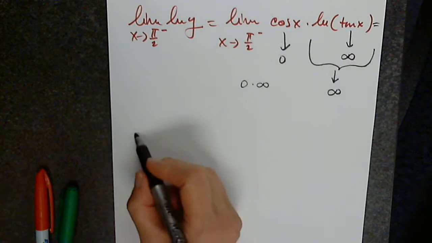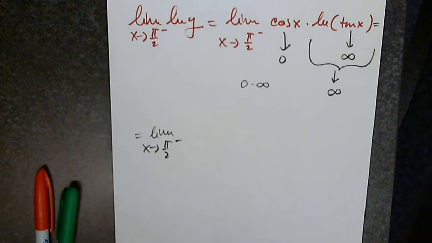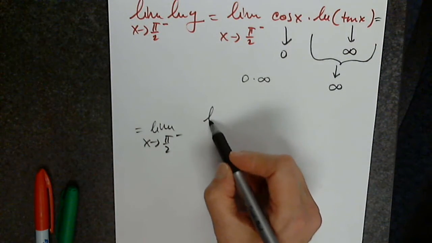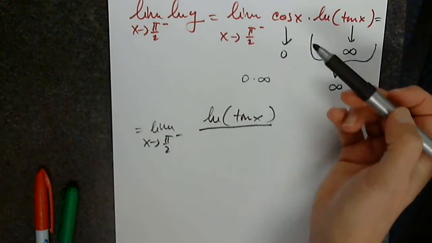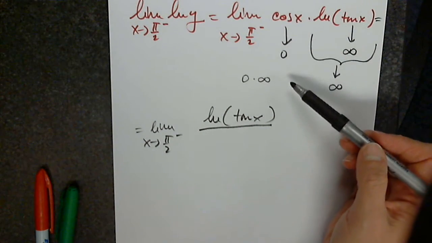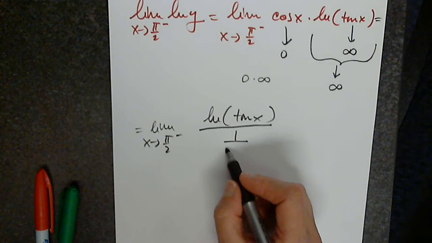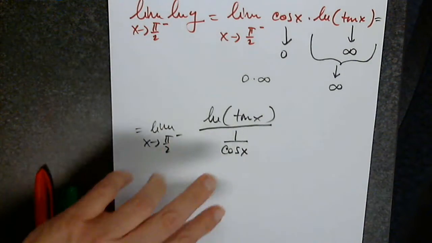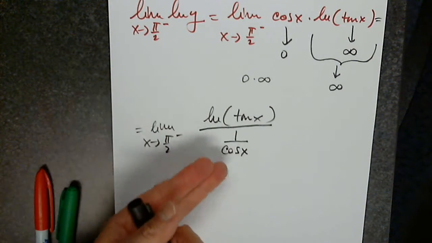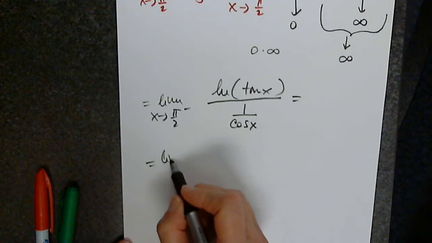So I have the limit as x approaches pi over 2 from the left. Now instead of cosine over 1, I write 1 over, because when I flip it I get the same thing. What is 1 over cosine? Secant.